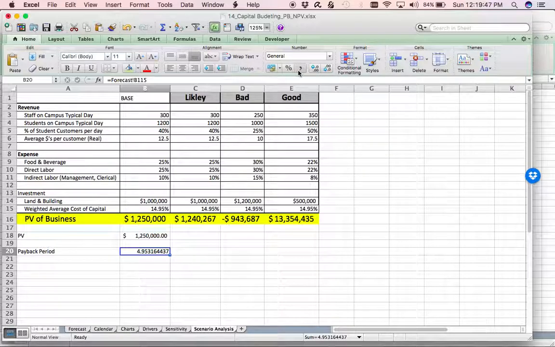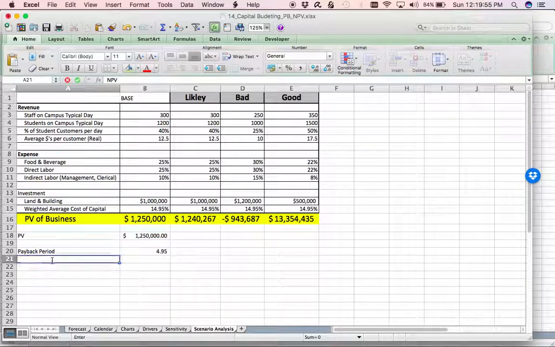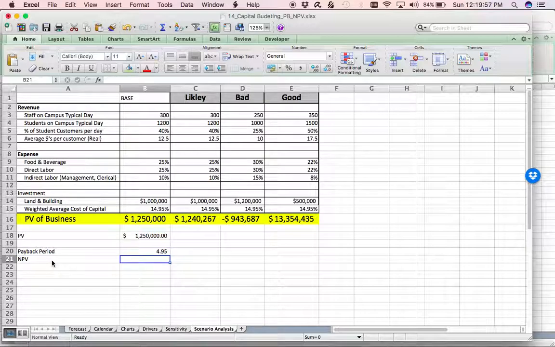There we go. So my payback period is about 4.95 years. Okay. And then net present value is actually exactly equal to the present value that we've been using. So we can just do that. And again, you can go read a little bit more about that, but it is effectively, in all senses, the same thing, calculated exactly the same way.